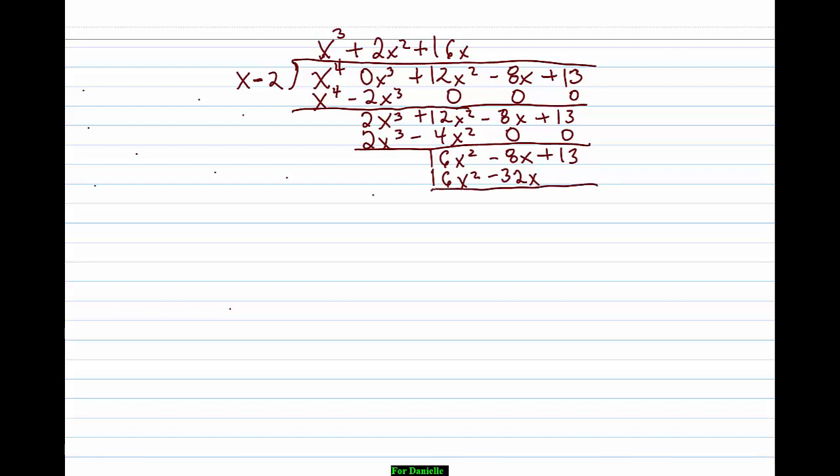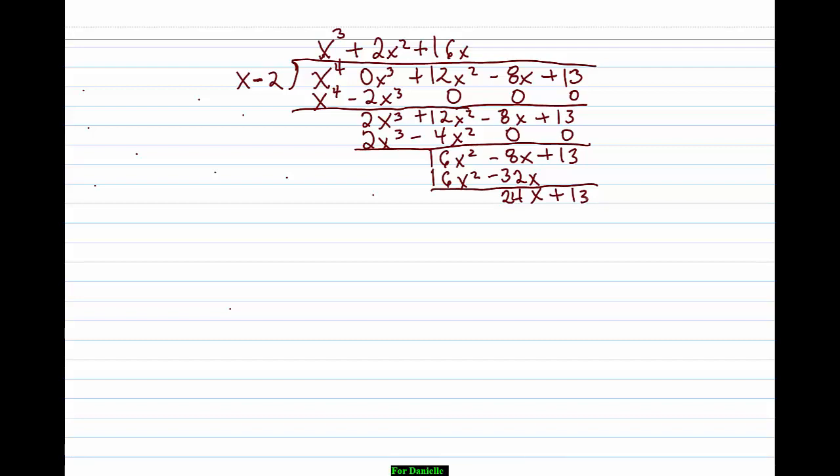Subtract that whole line from that whole line. 16x squared minus 16x squared is nothing. Negative 8x minus negative 32x is negative 8x plus 32x, and that gives you 24x. And we didn't subtract off any constants, so we can just bring down the positive 13.